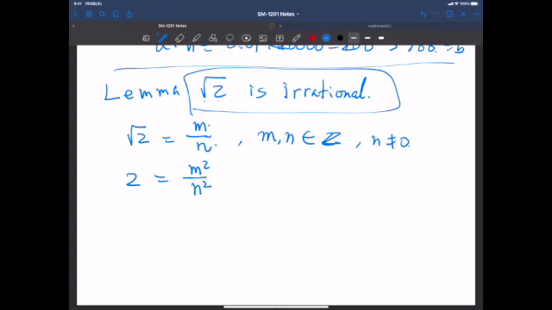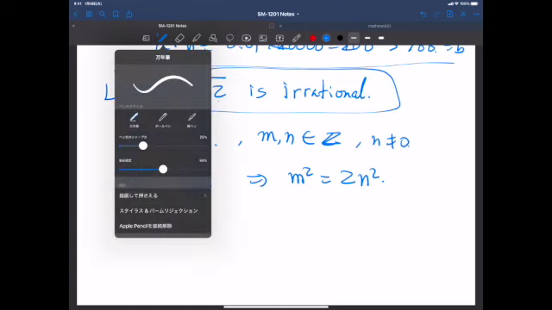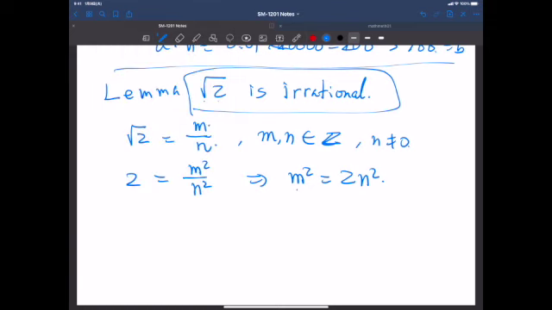So this implies m squared is 2 n squared. Okay, so this means m squared is a multiple of 2. So this means m squared is an even number. Okay, so this implies m itself is even.